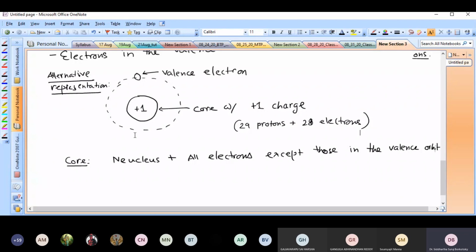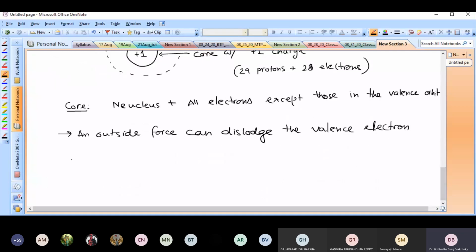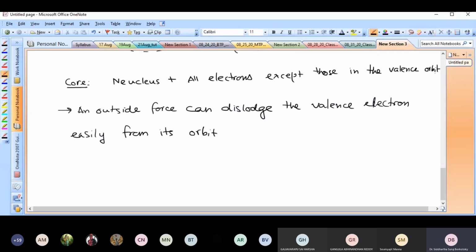What that means is that an outside force can rather easily knock this electron off from its orbit. When some outside force dislodges the valence electron from its orbit, the dislodged electron is called a free electron.